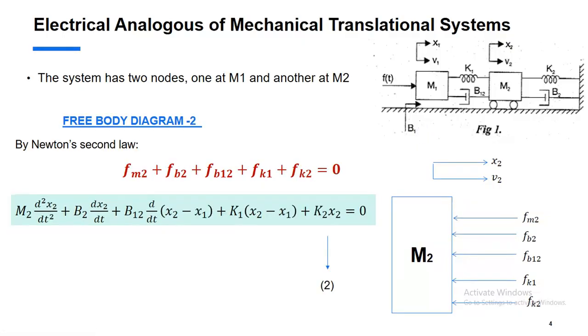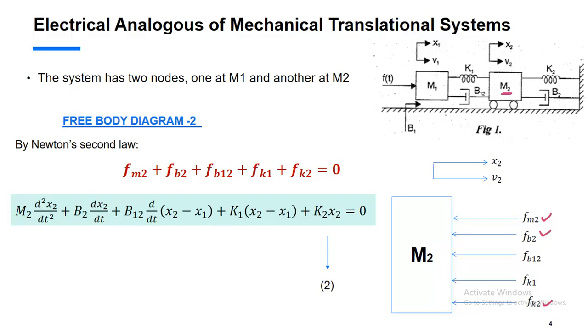Let's see the free body diagram at M2. We take M2. There is no applied force directly to this M2, that is why we don't have any outgoing arrow. What are the opposing forces? M2 will induce an opposing force.